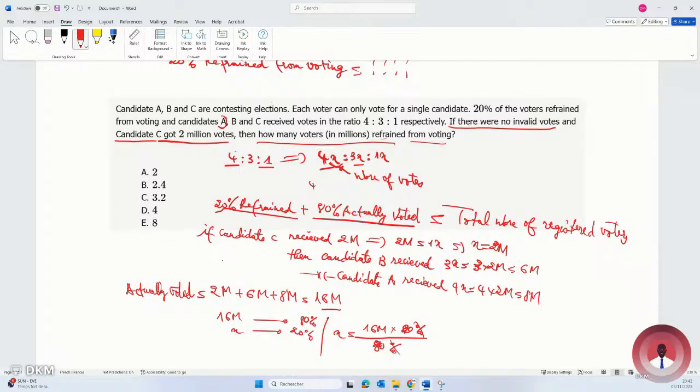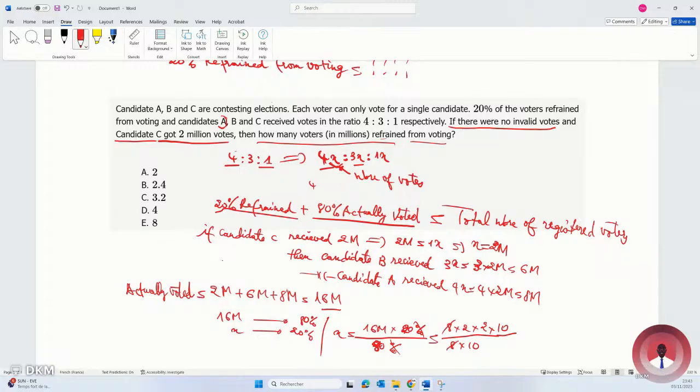The percentages can be cancelled, and 16 is actually 8 times 2 times 2, and 80 is 8 times 10.